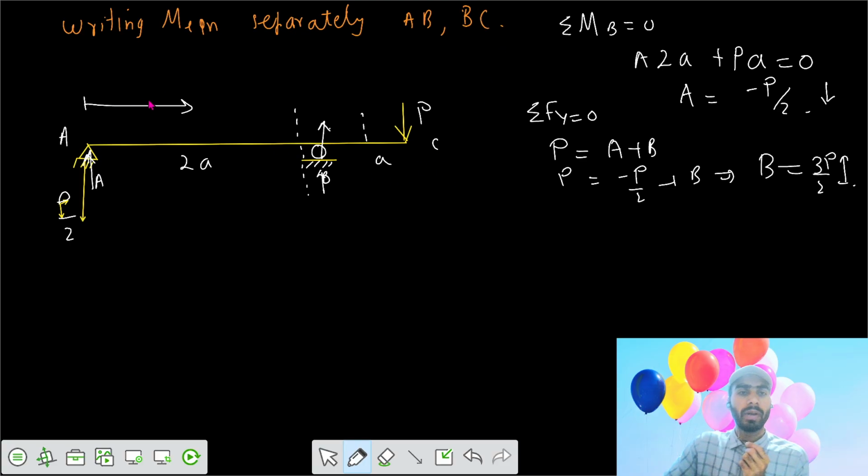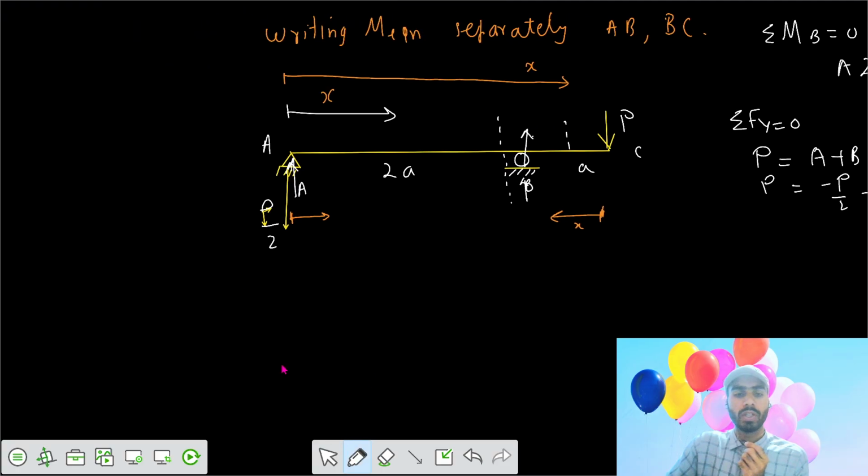We would be taking x from support A for both sections. The reason is that if we take the span AB in this side and the span CB in this side, we know that the sign convention changes. We saw in those two questions that if you go from this side it's positive x-axis, and if you go to this side it is negative x-axis.